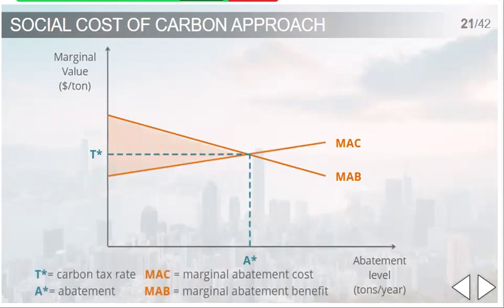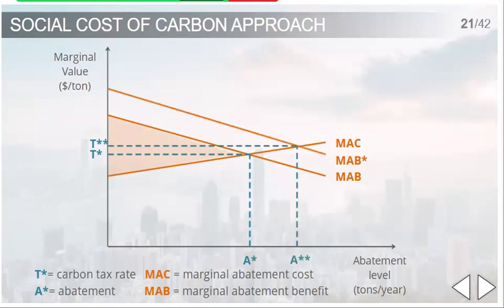Although climate change impacts are often the primary consideration in setting the SCC, jurisdictions implementing carbon taxes may expect additional benefits from abatement. By adjusting the MAB curve and the implied SCC, these jurisdictions may achieve a fuller representation of benefits from reduced greenhouse gases.